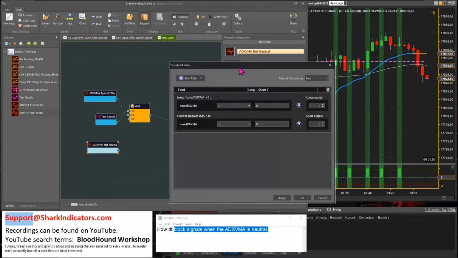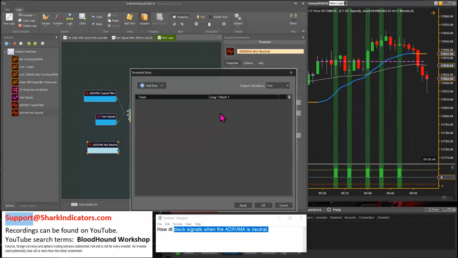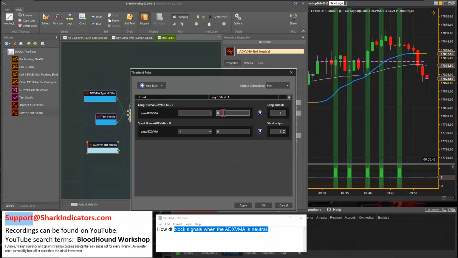So this time we need to open up the threshold rules, and we're looking for when it is not equal to 0, right? So 0 means the ADXVMA is neutral. And so we're looking for when it's not equal to 0.